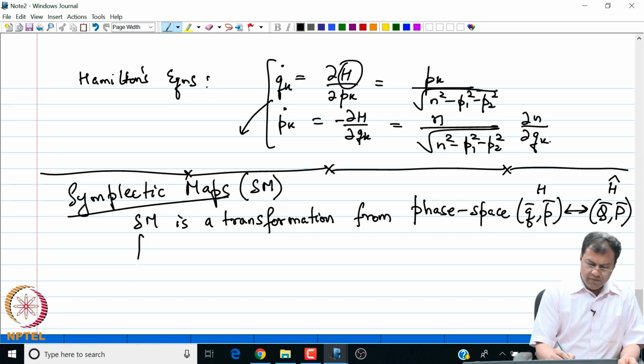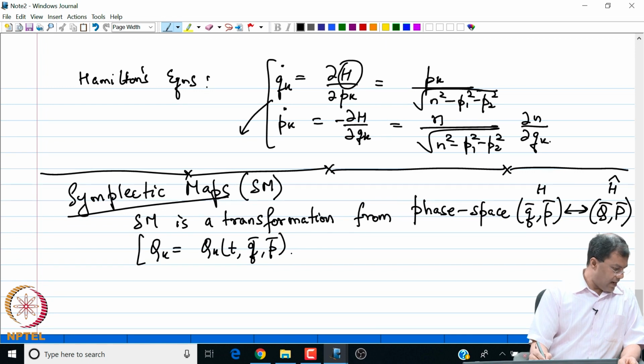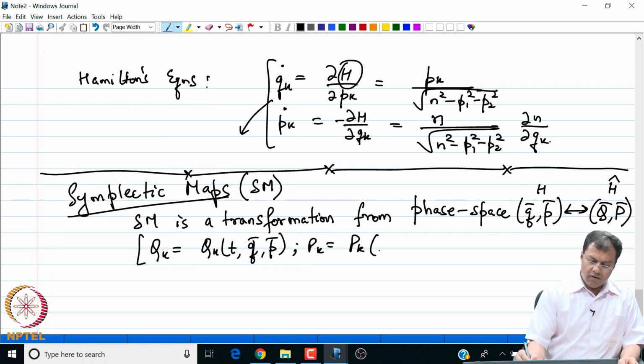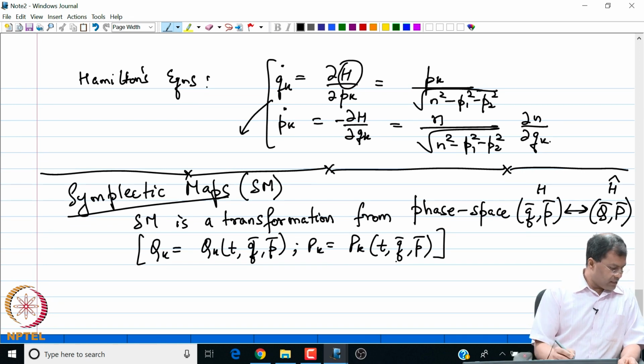defined by the following relation. So, Qk is Qk of t, q bar, p bar, and Pk is Pk of t, q bar, p bar. So, this is my map such that, well, I need to define certain relations.